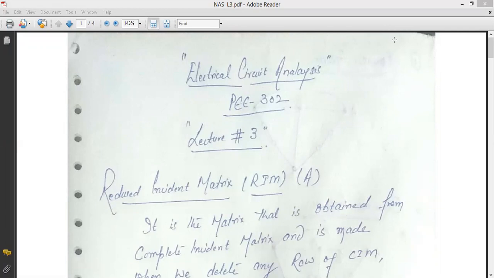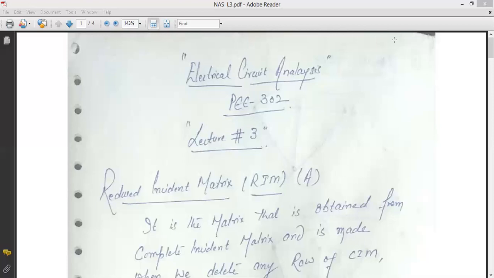In my previous lecture, lecture number 2, you saw that an oriented graph can be used for making the complete incident matrix, and it provides complete information about the oriented graph.